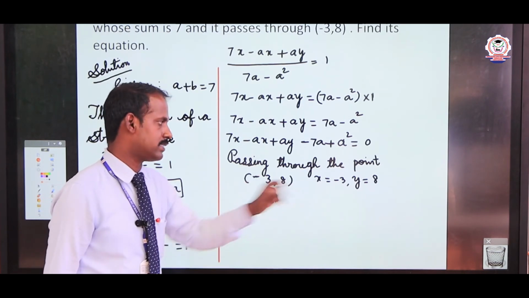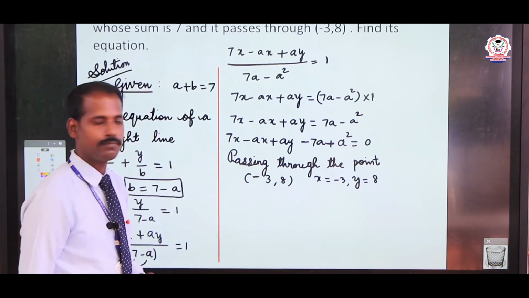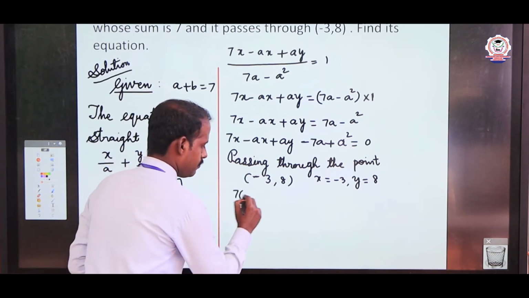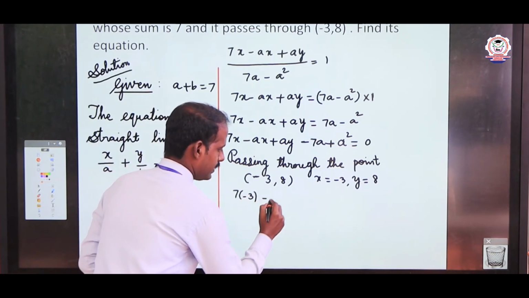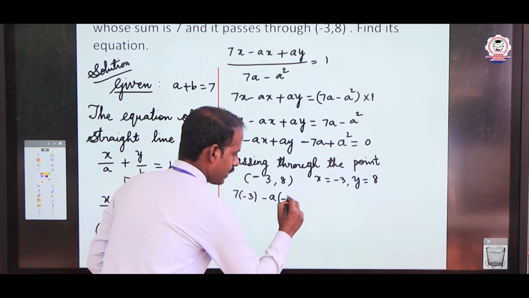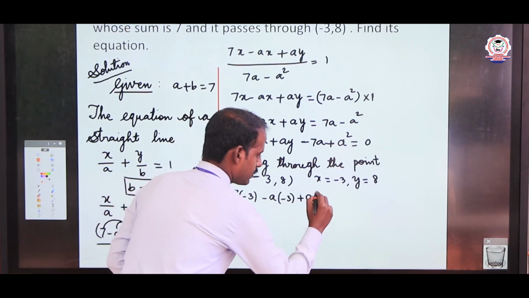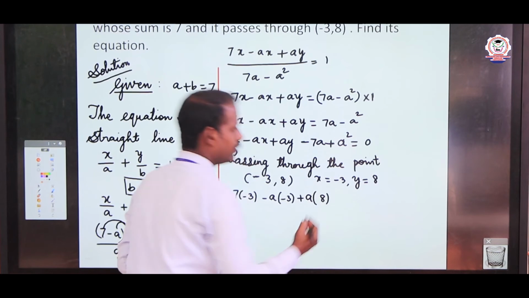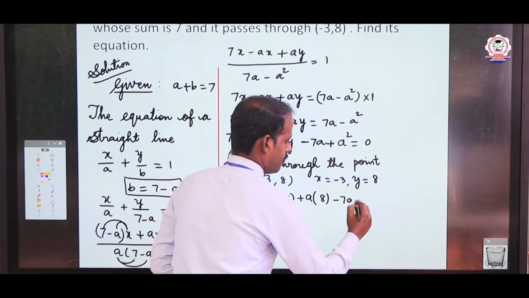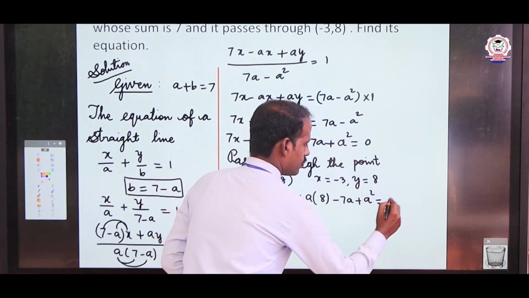Substitute the values: 7 into minus 3, minus a into the x value minus 3, plus a into the y value 8, minus 7a plus a square is equal to 0.